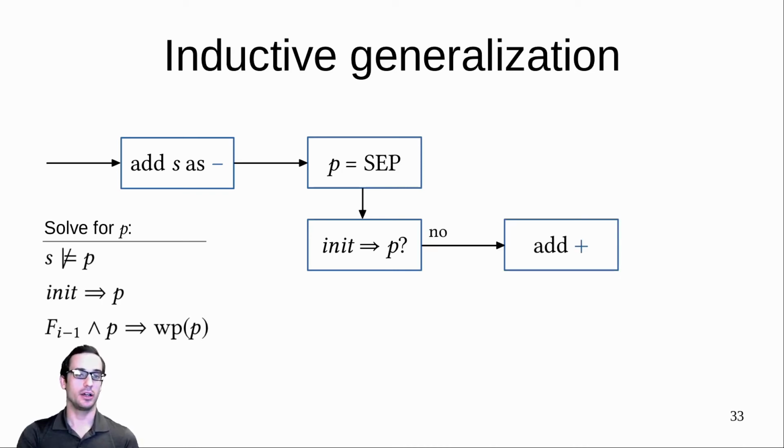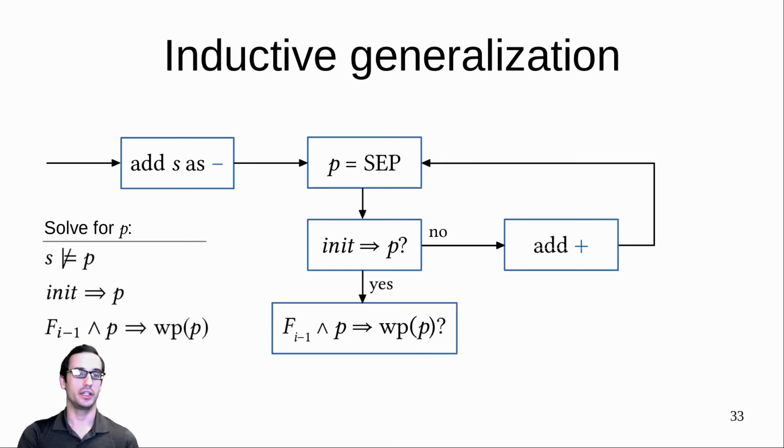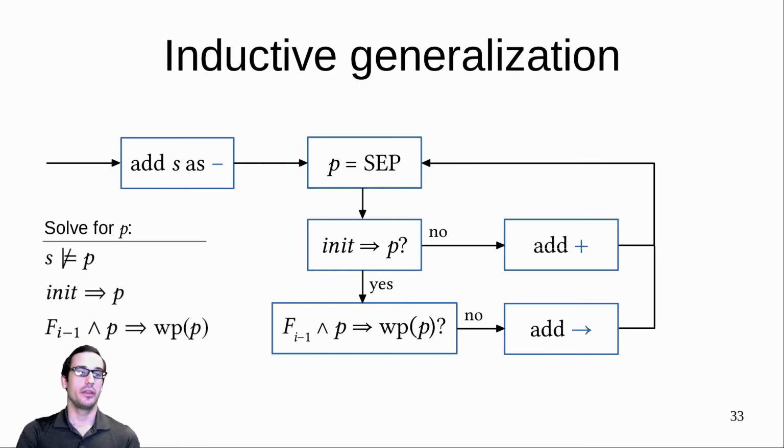We can add that counterexample as a positive constraint and go back and find a new separator. Then if init does imply P, we can ask the same question of the other formula. In this case, if we get a counterexample, it will actually be a pair of states, so we can add it as an implication constraint to our query. Once the answer to both of these questions is yes, we have found a solution to the equation.